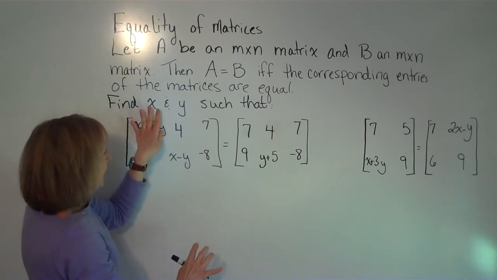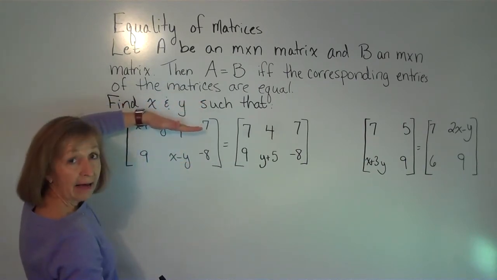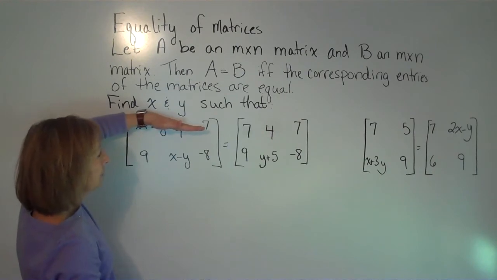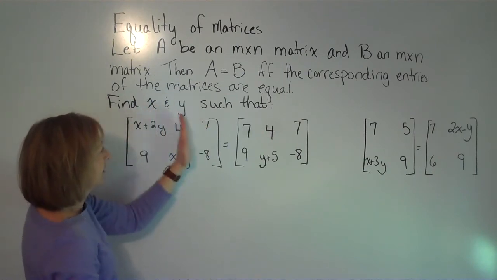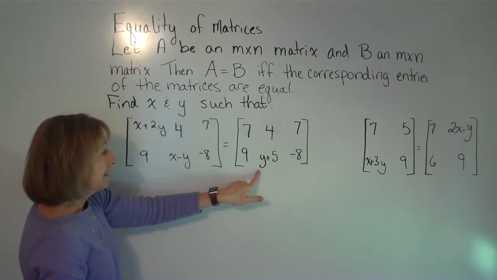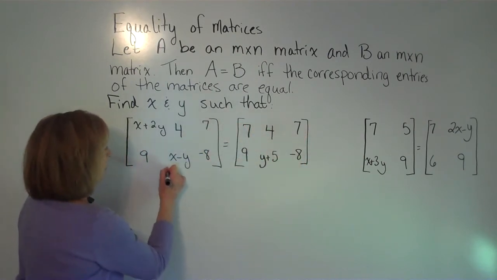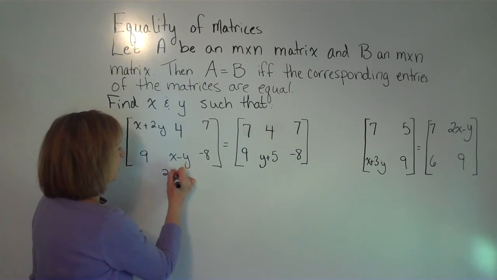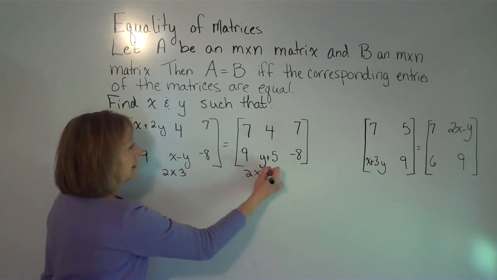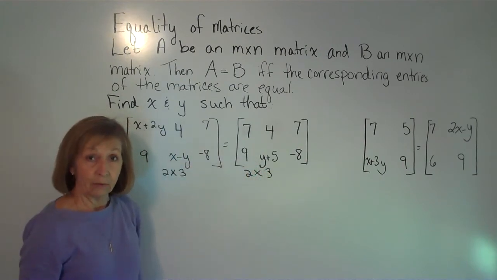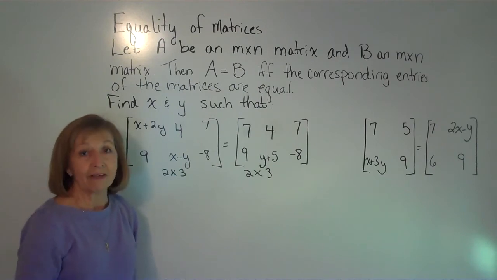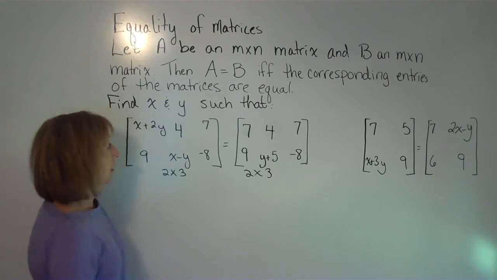The one on the left side of the equal sign is a 2 by 3, and on the right side of the equal sign is a 2 by 3. So since both of these are 2 by 3s, they have a chance of being equal. But you also have to have that their corresponding entries are equal.